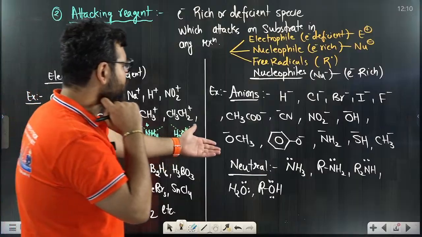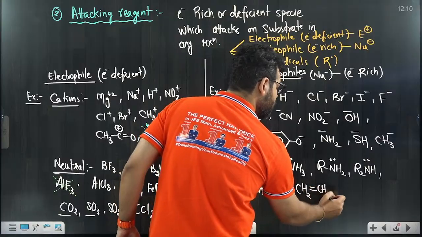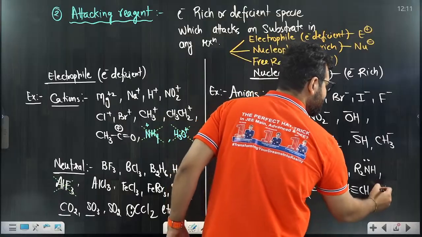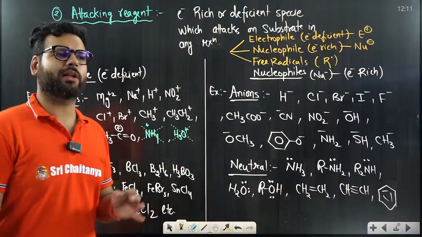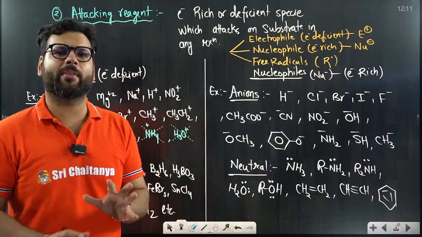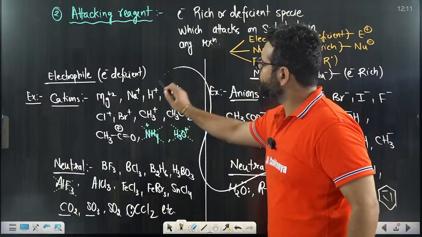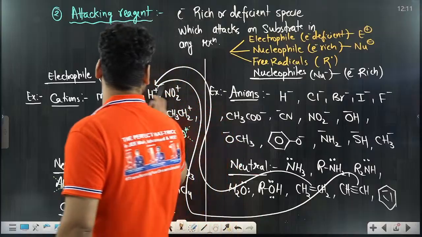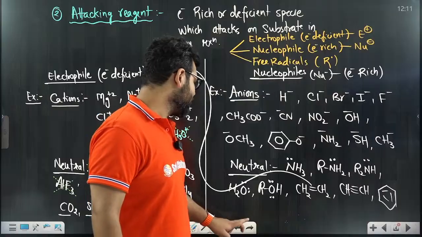There are other neutral nucleophiles also. You can take alkenes, you can take alkynes, you can take benzene. They are also nucleophiles only. Neutral species which are electron rich, they are pi electron rich. So they can come and attack on these species. This alkene can come and attack on H+. This alkyne can come and attack on H+. This benzene can come and attack on NO2+. So obviously one is rich, one has to be poor.